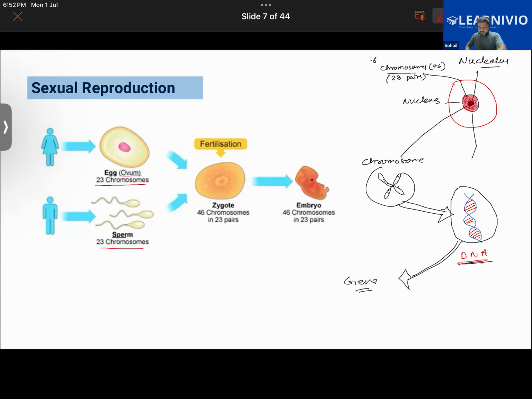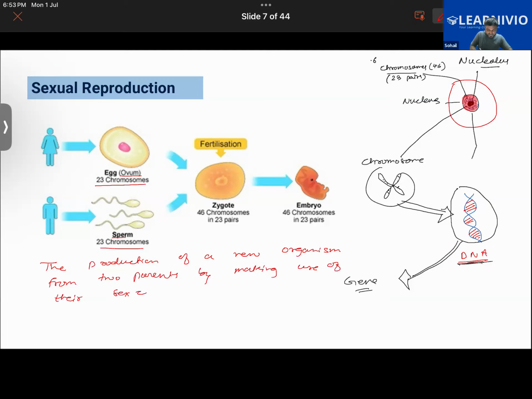Write down this definition: the production of a new organism from two parents by making use of their sex cells.